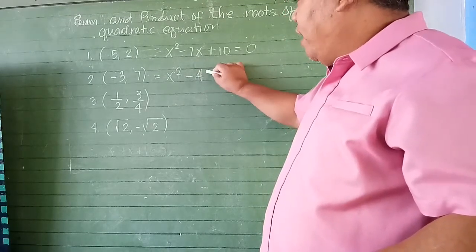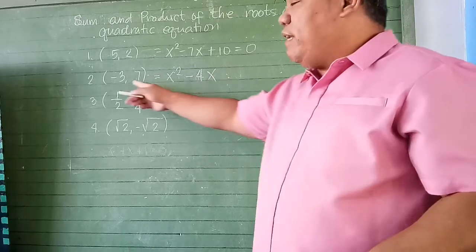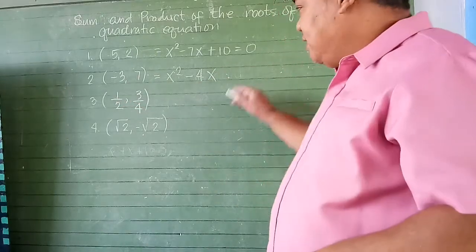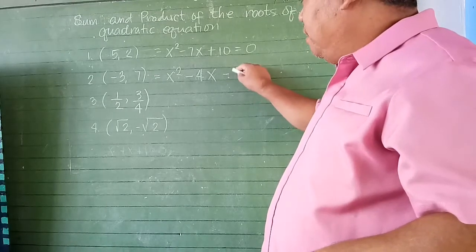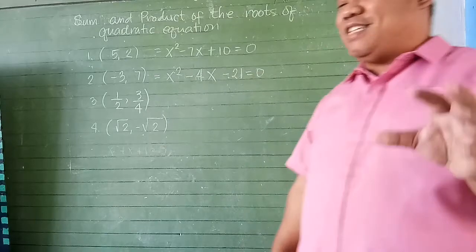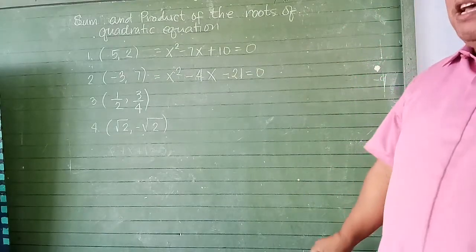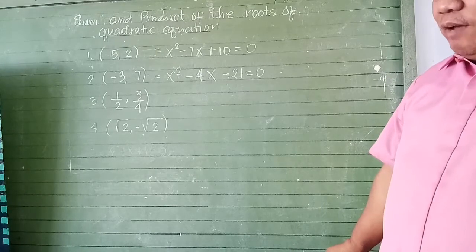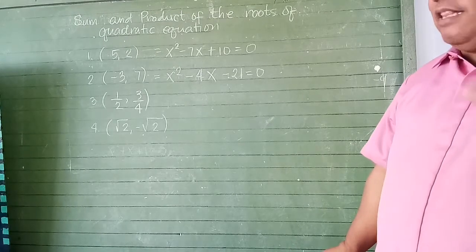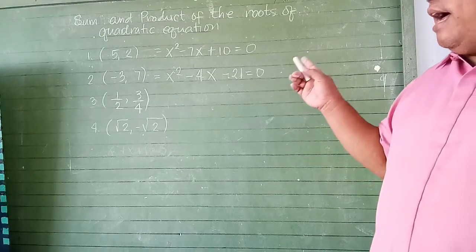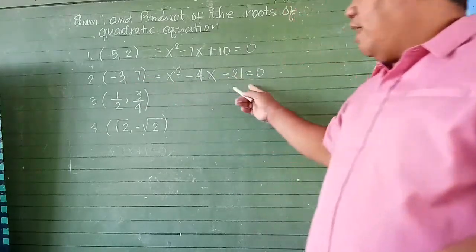Now multiply negative 3 times 7, and that is negative 21, equals 0. For whole numbers, it's so easy to solve because, as I said earlier, we only add and then get the additive inverse of the middle term, and then we simply multiply the 2 roots to get the last term.